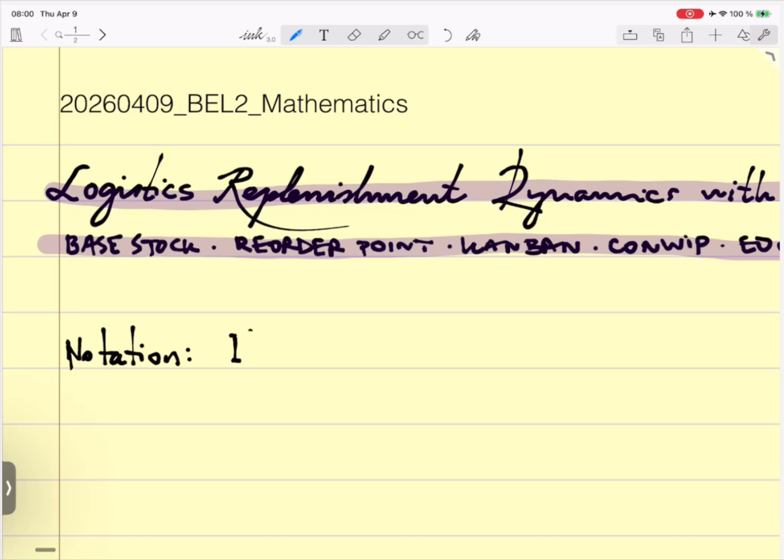I of t is going to be the inventory deviation, or stock deviation. B of t is going to be the backlog.